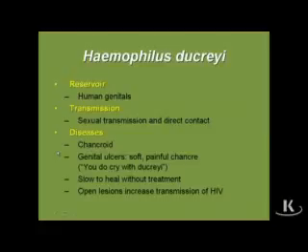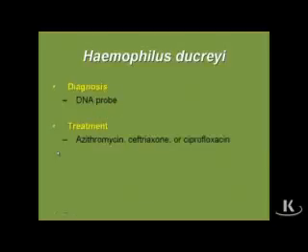So that's something that you're going to need to think about. How are we going to diagnose it? You can diagnose it by DNA probes. Are they going to tell you that? No. So you're going to have to go based on clinical information there. And how do we treat it? We use azithromycin or probably one of the cephalosporins or a fluoroquinolone, specifically ciprofloxacin.